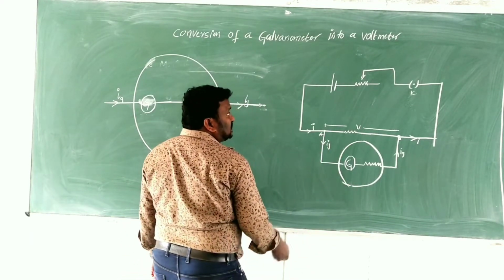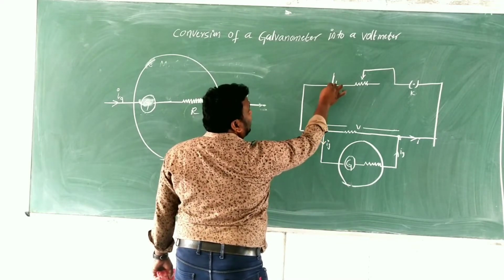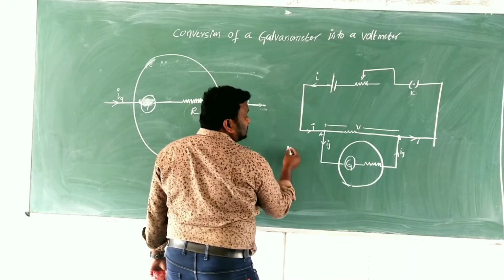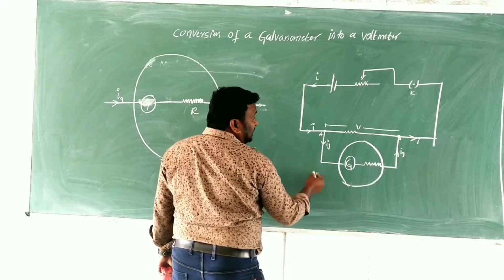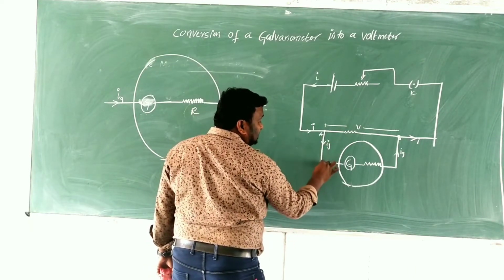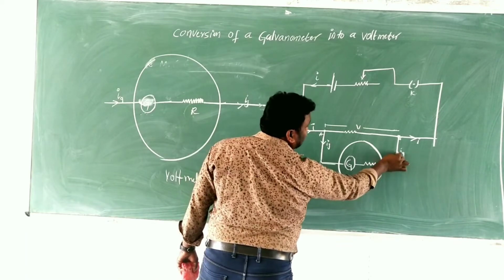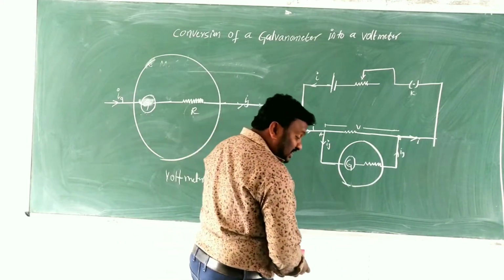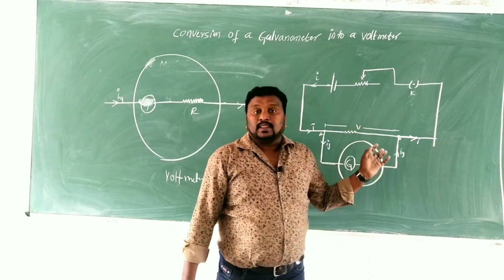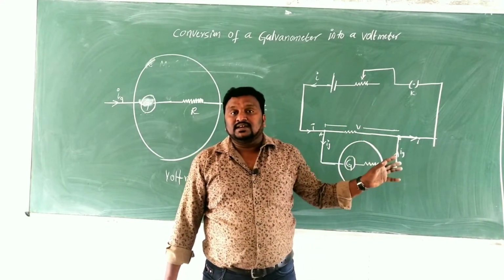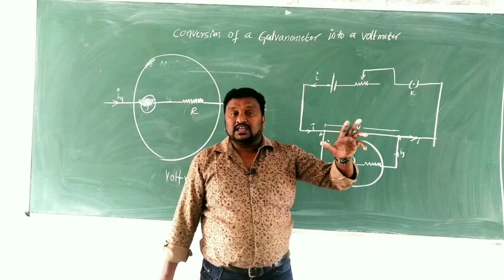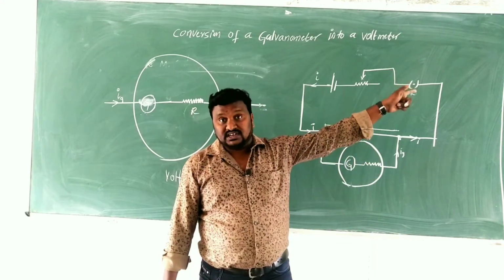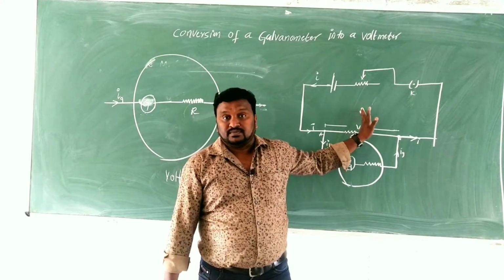Clear? Here V is the potential we are going to measure using the voltmeter. Children, from the battery some current I is coming, moving like this. At this point the current is taken as Ig, and then it again becomes I. Clear? So in this diagram, the voltmeter we have taken is connected in parallel to the other components, or in parallel to the circuit.